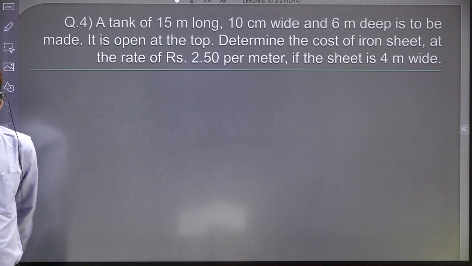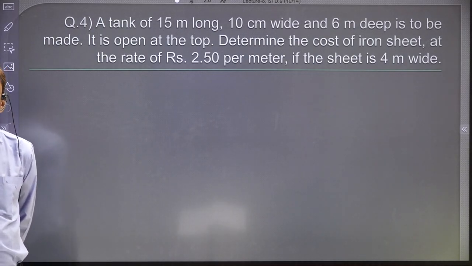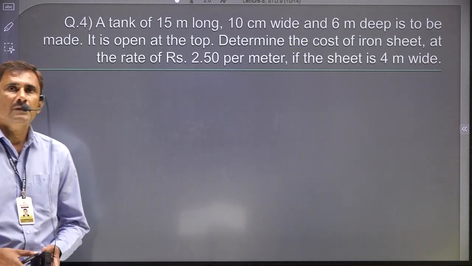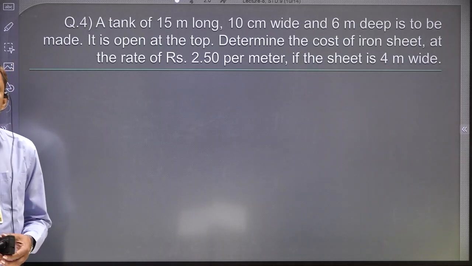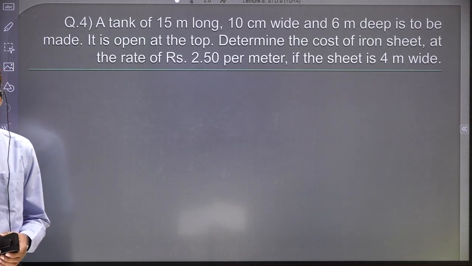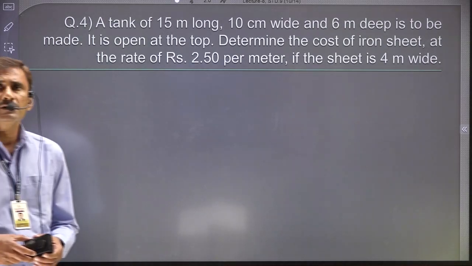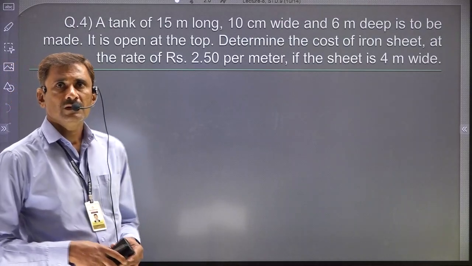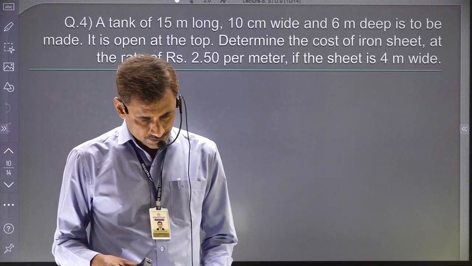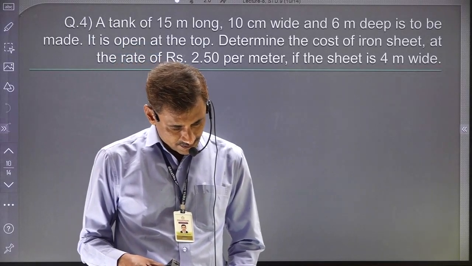A tank of 15 meter long, 10 centimeter wide and 6 meter deep is to be made. It is open at the top. Determine the cost of iron sheet at the rate of rupees 2.50 per meter if the sheet is 4 meter wide. Okay, so first of all, look here, measurement. I just verified.